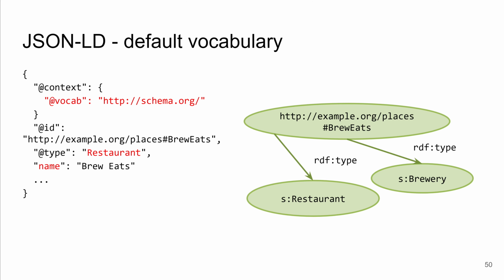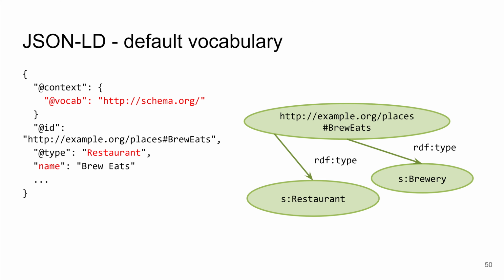We might say that all of the JSON-LD file uses the schema.org vocabulary, and therefore when we use the restaurant word in the type or the name as the key in the JSON data, we know that these two need to be attached to schema.org/.